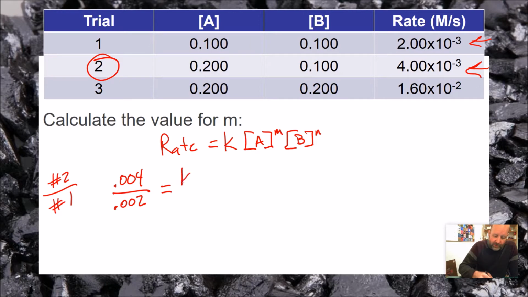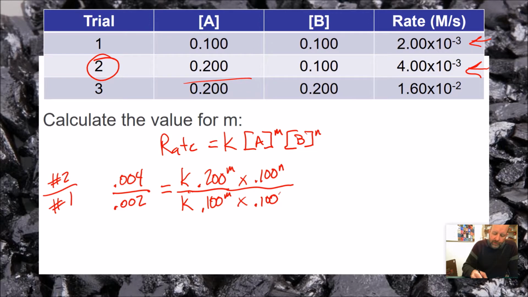And since these are the same reactants and the temperature is the same and all that, the k's are the same. So k over k times the concentration of A in this trial, which is 0.200, raised to the m, over 0.100 raised to the m, times 0.100 raised to the n over 0.100 raised to the n.